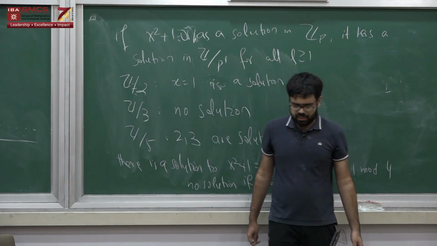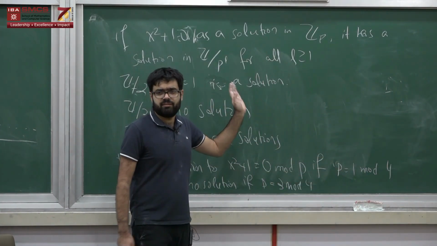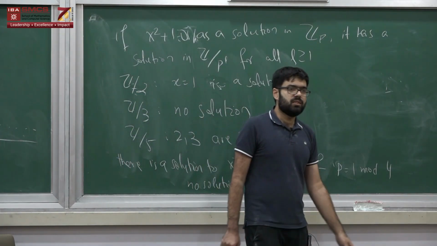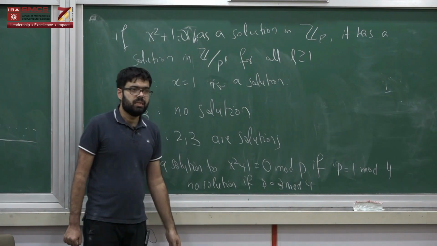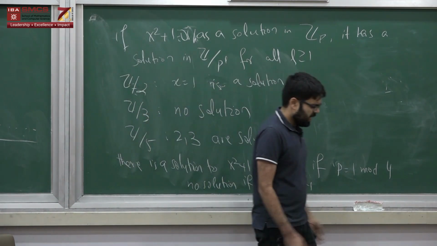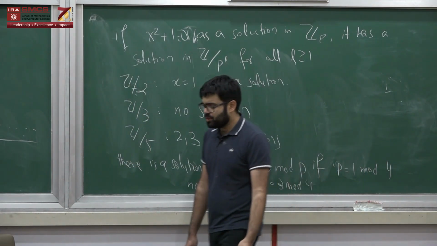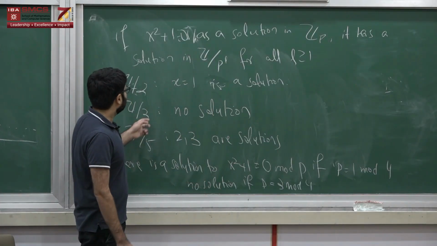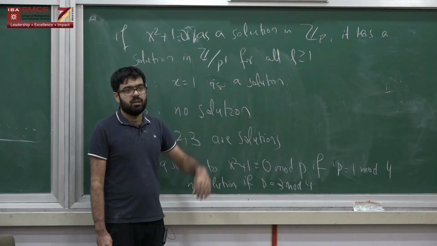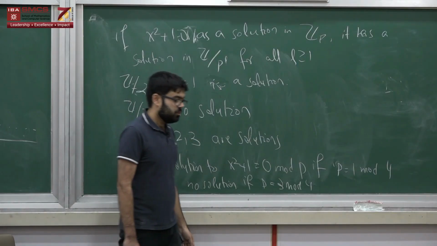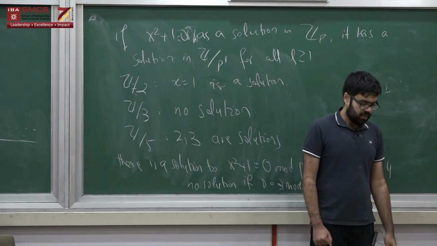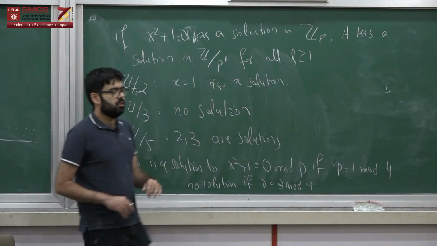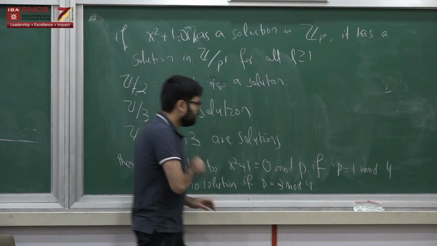There is also a general phenomenon called quadratic reciprocity, which controls the solutions of quadratic equations modulo p. What quadratic reciprocity tells us is that the solution of x squared equal to something mod p is related to the solution of x squared equal to p mod something. So they are related, but I will not go into this.